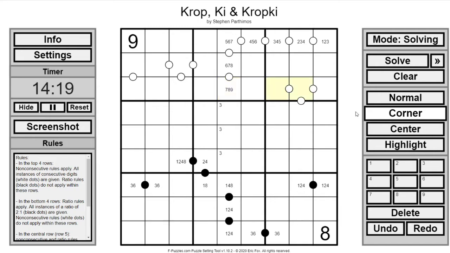Alright, let me just... So if it starts with 4, then it would force 1, 2, 3, 4, 5, 6, 7.